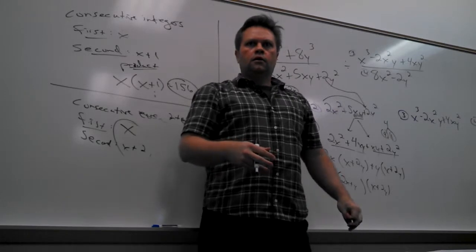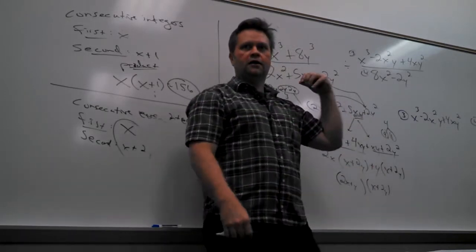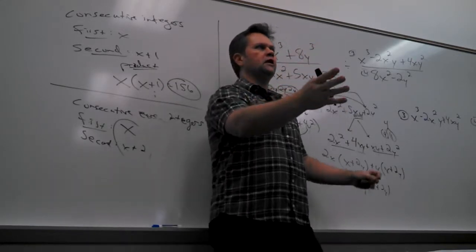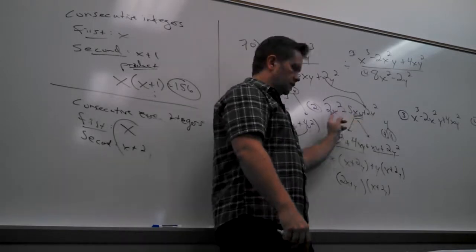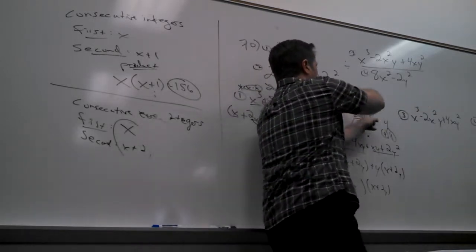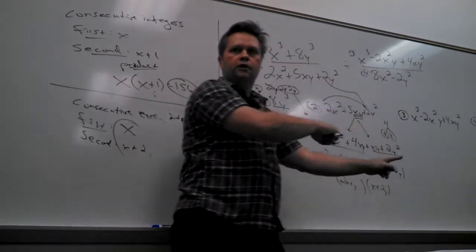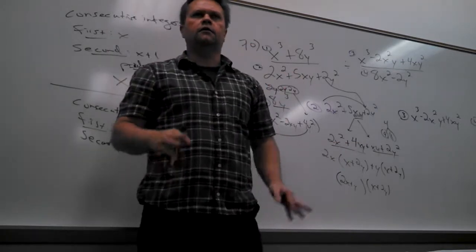Because I would have put it in order. This is in order. Watch. It's in descending order of x. Where's the most x's? On the left. Where's the least x's? In the middle. So it's descending order of x. If you turn these around, it would still work. Just my y stuff would be out front then, right? So then it would be descending order in y, but it's still the same idea. Okay, good.